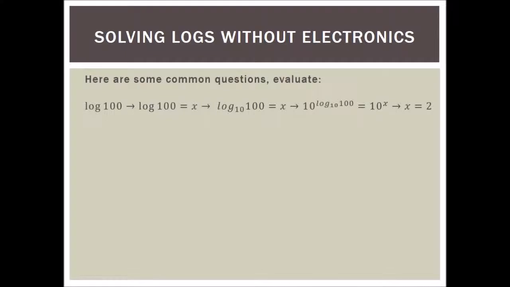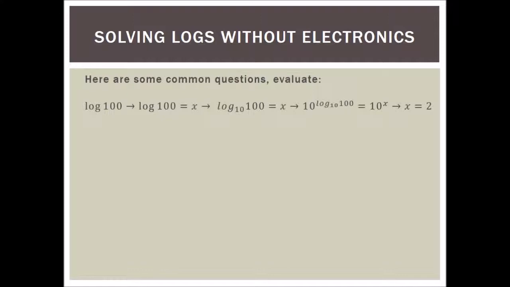Now remember how I said exponential equations are inverses to log equations? Well, this is the application of that. If the base is 10, we can make a base of 10 and raise that whole log base 10 of 100 to that power. So what we have now is 10 to the log base 10 of 100.